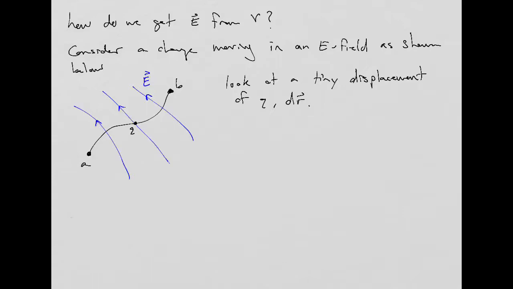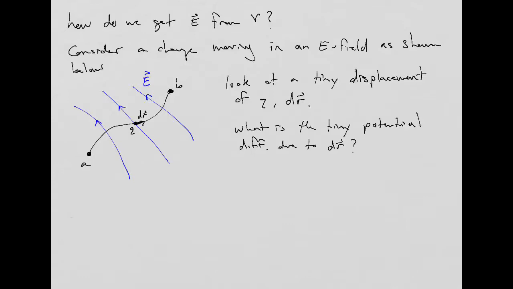This is where Q is, and we're going to look at a tiny little displacement dr. And we're going to compute the tiny potential difference due to that displacement. What is the tiny potential difference due to the displacement dr?